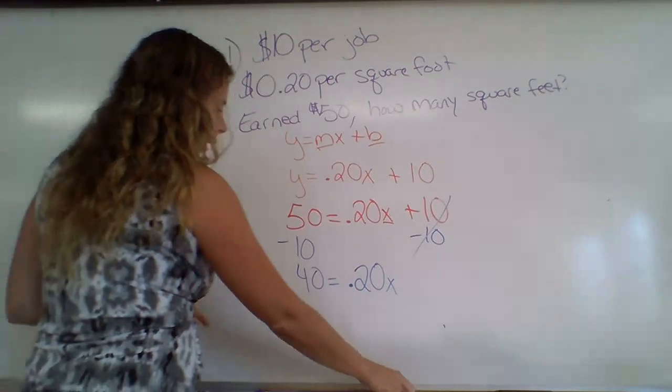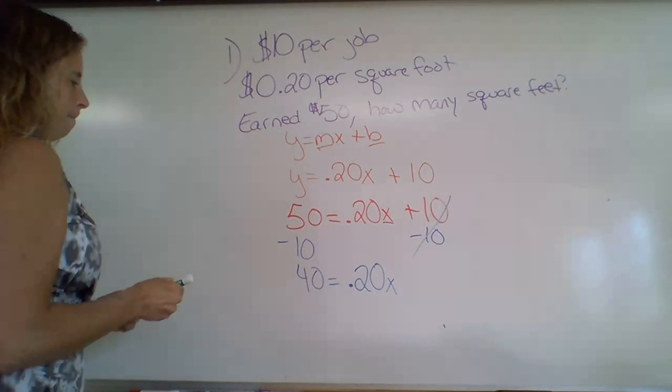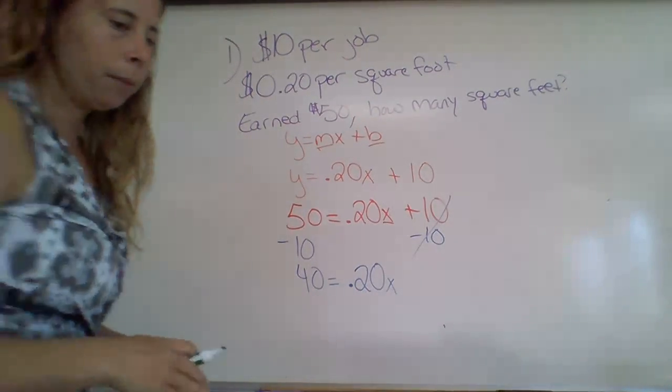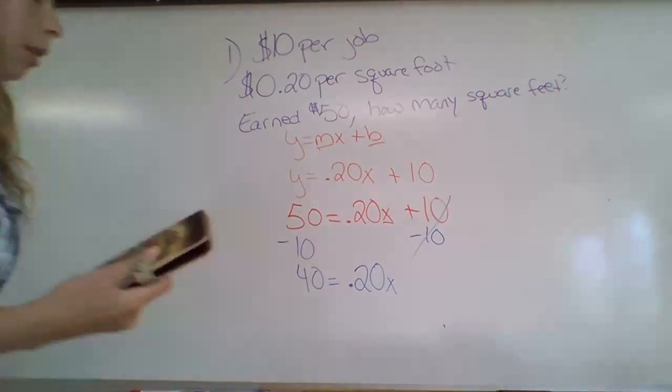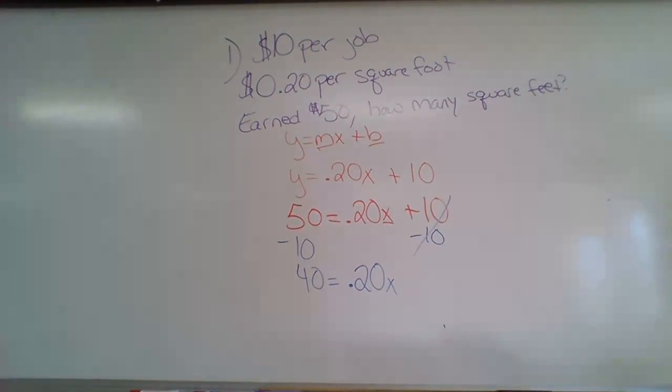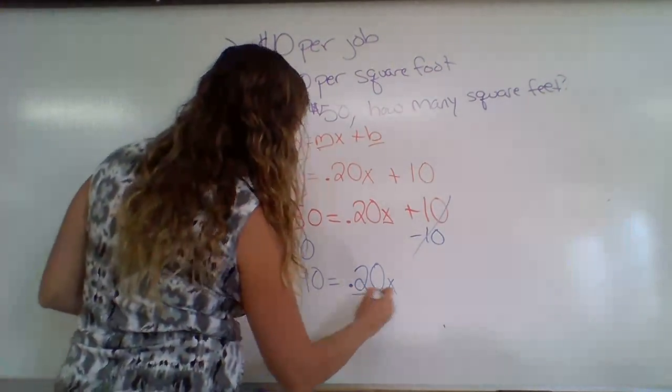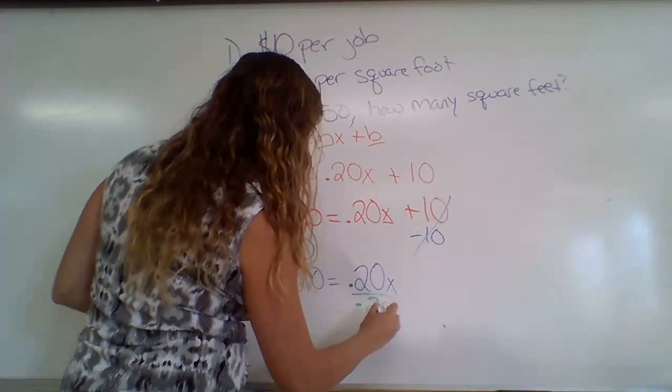Last step, you're going to divide, but you always divide by whatever is in front of the x. So you're going to do 40 divided by 0.20, divide by 0.20.